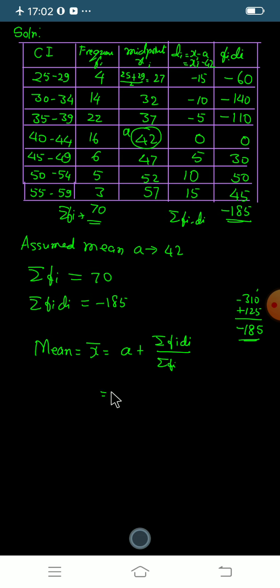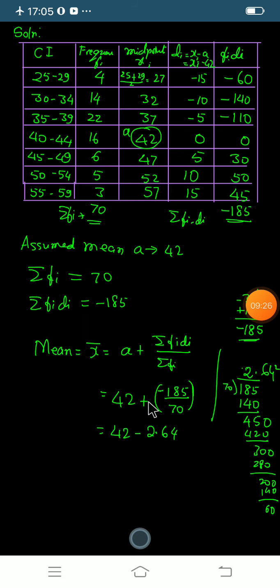What is the assumed mean? That is A here, that is 42, which we have selected. So 42 plus summation Fi Di, which is given here as minus 185, divided by summation Fi, that is 70.